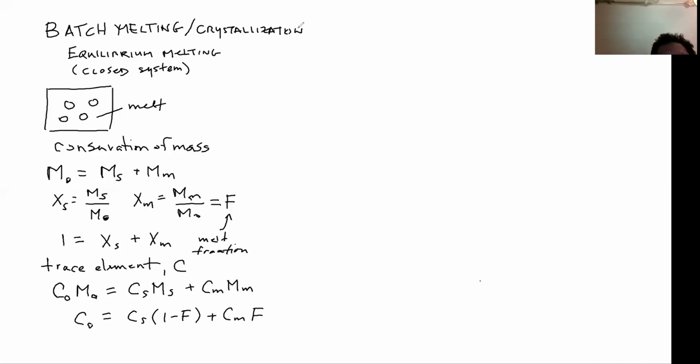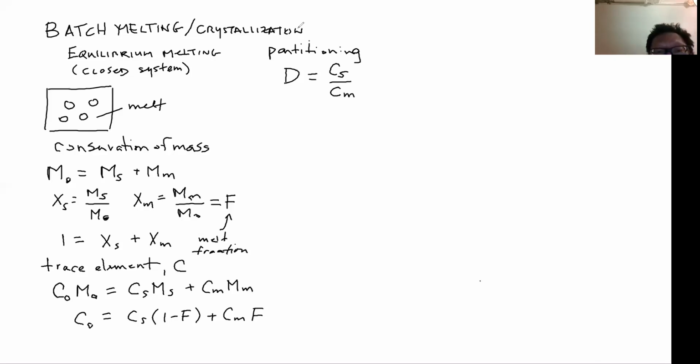Now we're going to make use of another relationship, which is the partitioning of a trace element between two phases, the solids and the melts. So we denote that with this symbol D. That's the partition coefficient, and that is the concentration in the solid over the concentration in the melt.